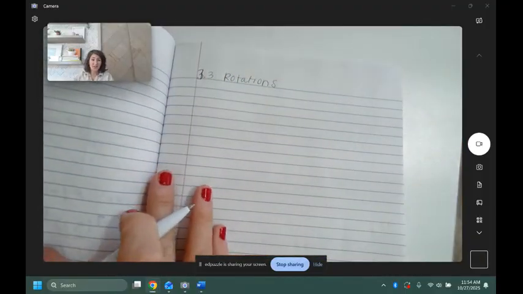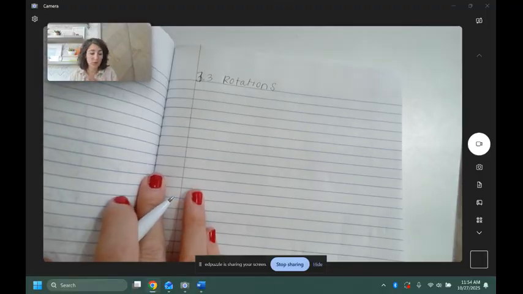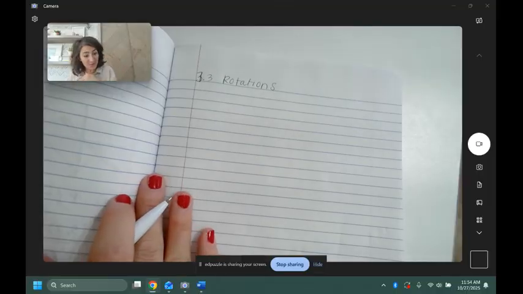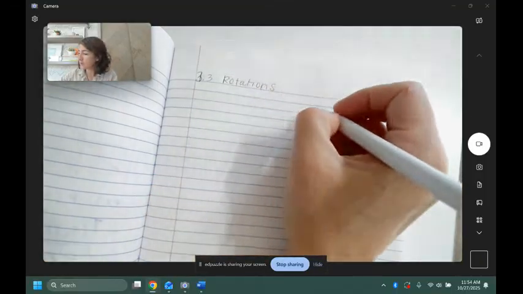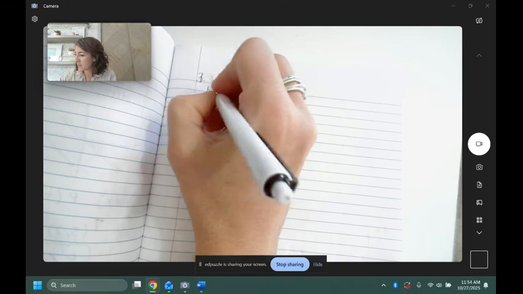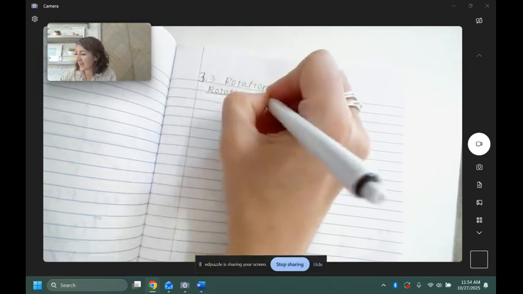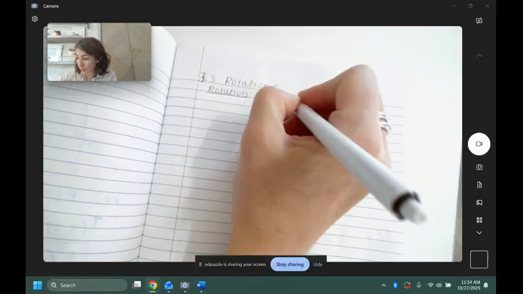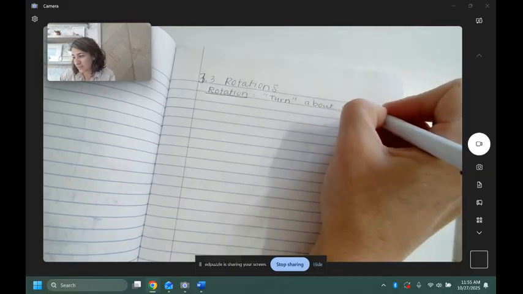So for a rotation, you need two pieces of information to be able to do the rotation. You need where it's being rotated around and what angle of rotation we have. So it might look something like this. Rotation is a turn about a point.